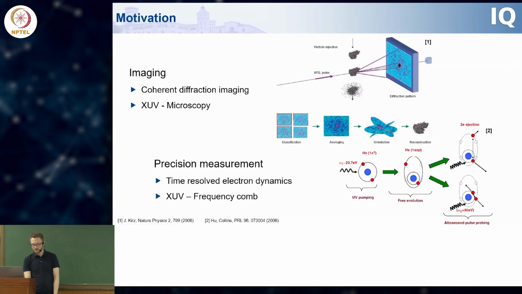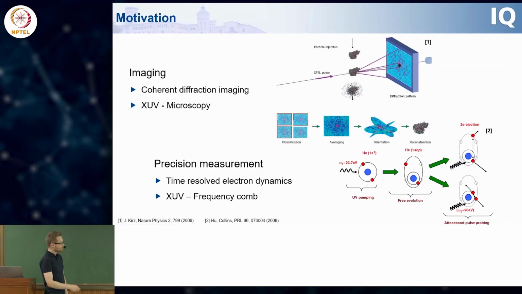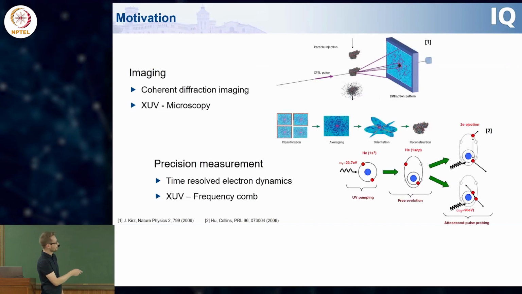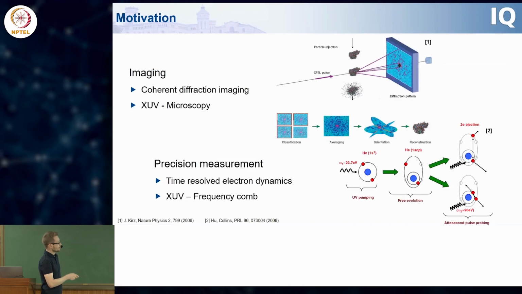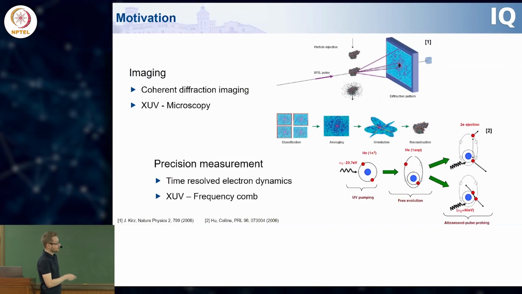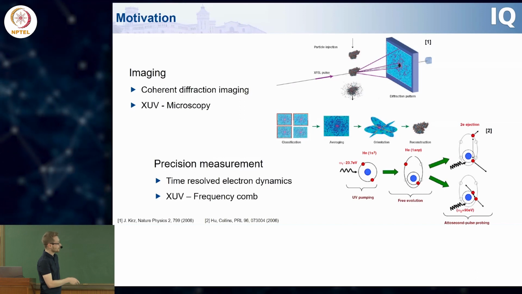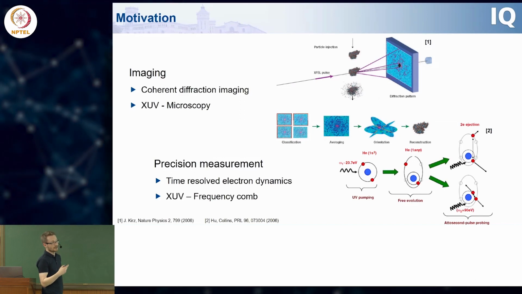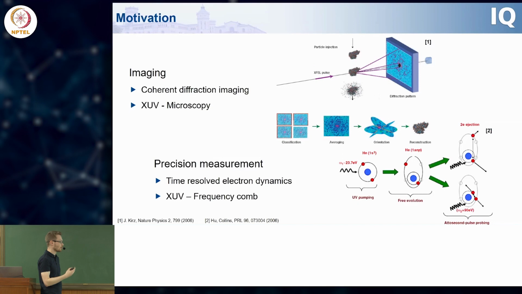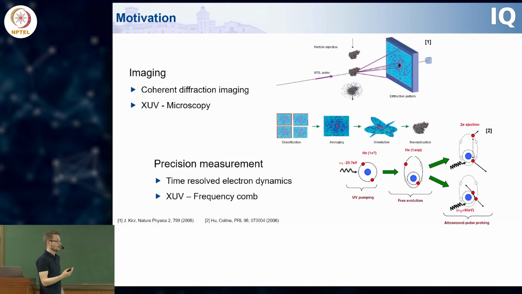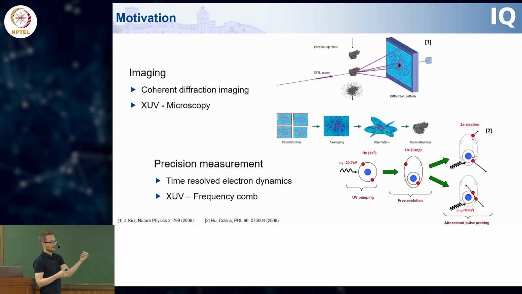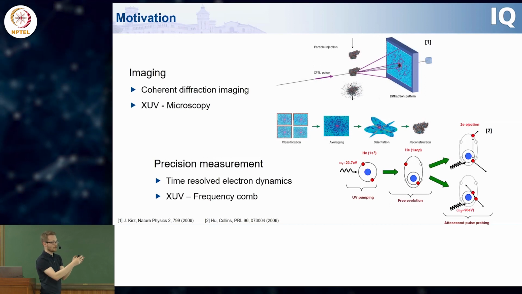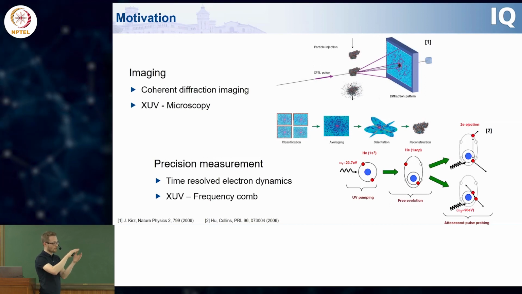With these harmonics you can do multiple things. I'm in coherent diffraction imaging, but you can do direct microscopy with them as well. So it's a lot of imaging. However, you can also do all these attosecond based measurements, pump probe experiments essentially, where you send in a pulse, for example, to excite an electronic state in an atom, and then you probe with the attosecond pulse how the state evolves.